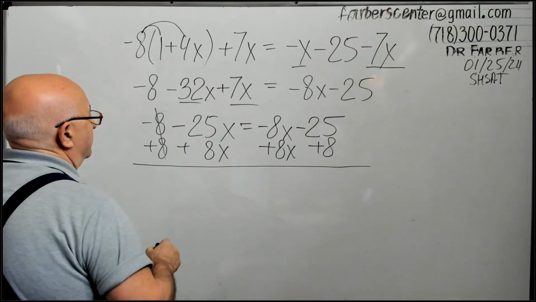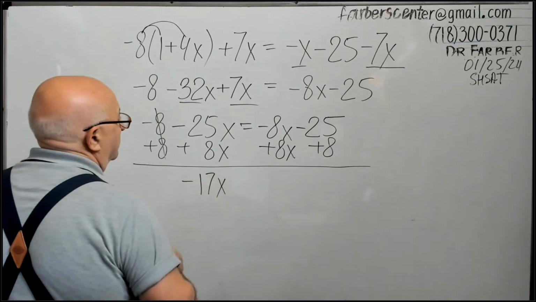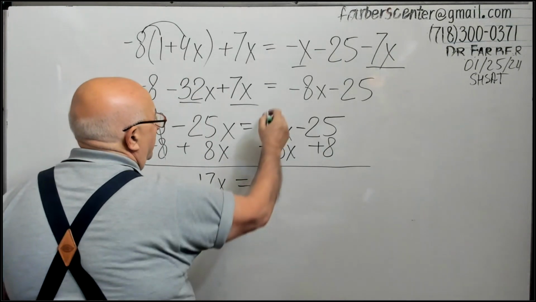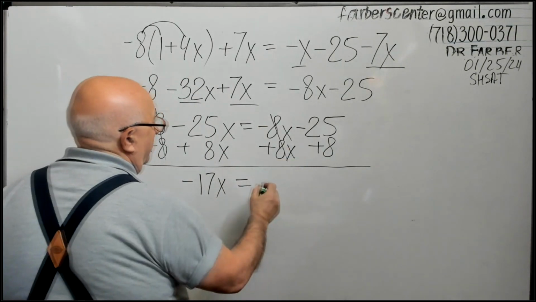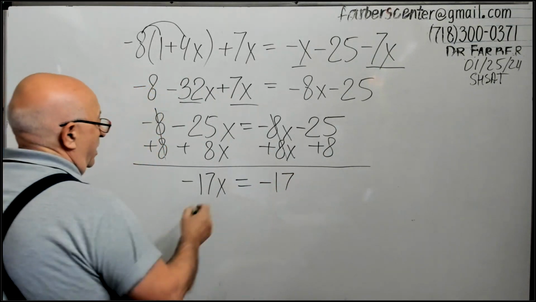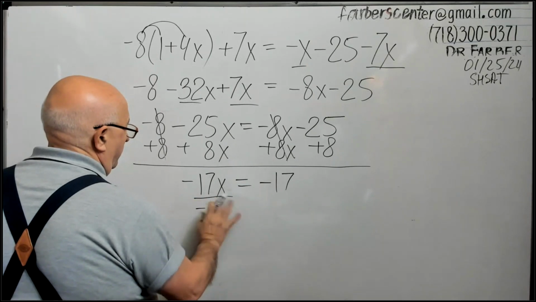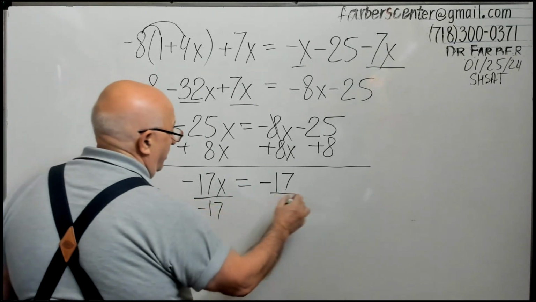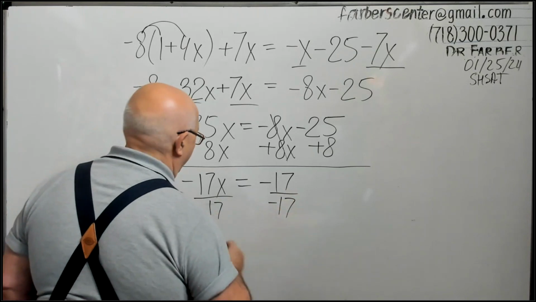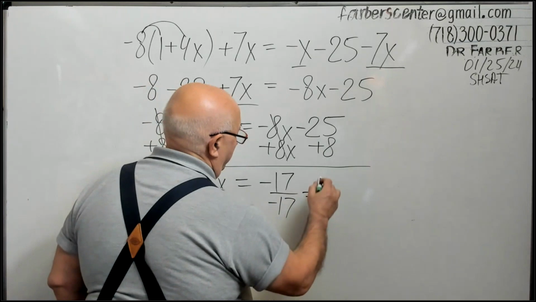Cancel out. You have negative 17x. Cancel out. Equals negative 17. Divide by negative 17. Cancel out. And this equals 1.